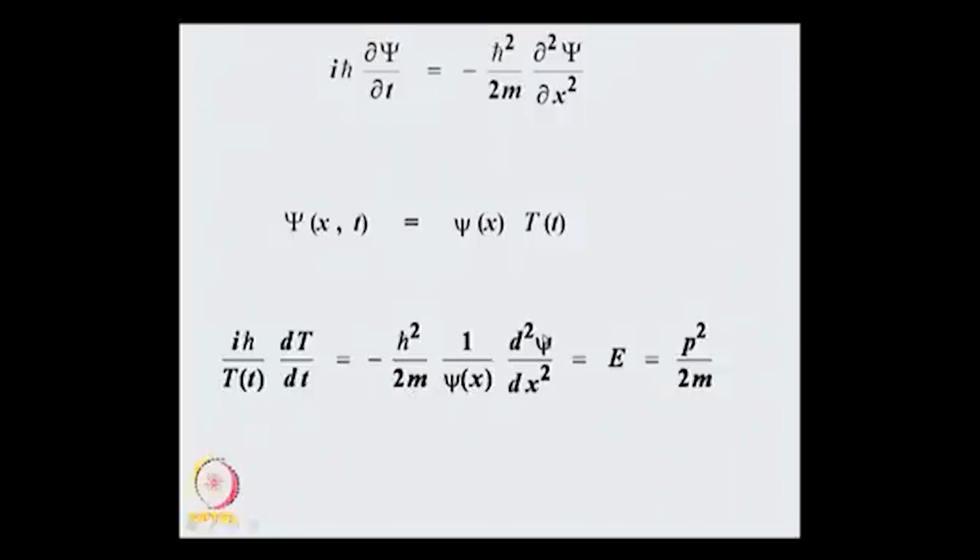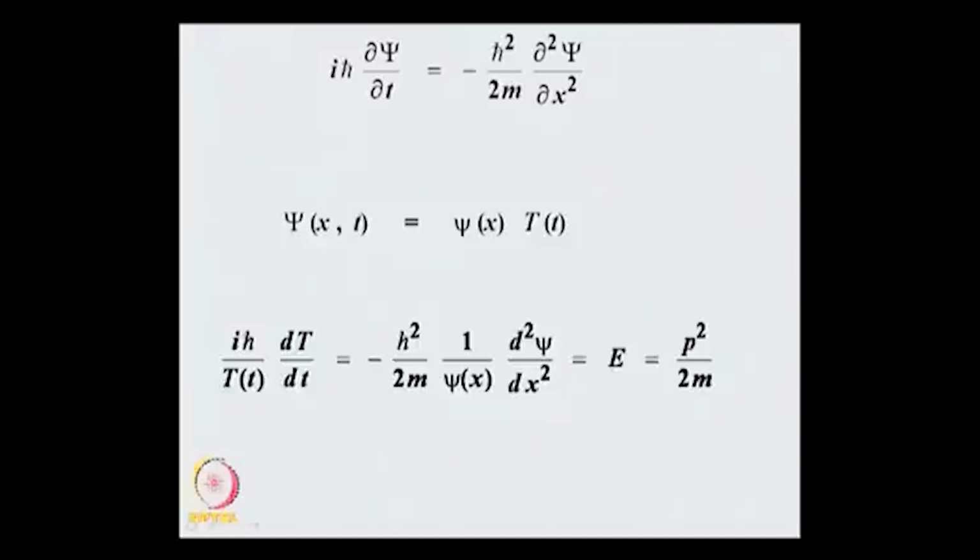So, we say that the method of separation of variables has worked, because on the left hand side you have a function of time, and on the right hand side you have a function of x. Both cannot be equal to each other unless each one of them is equal to a constant. This is the method of separation of variables.